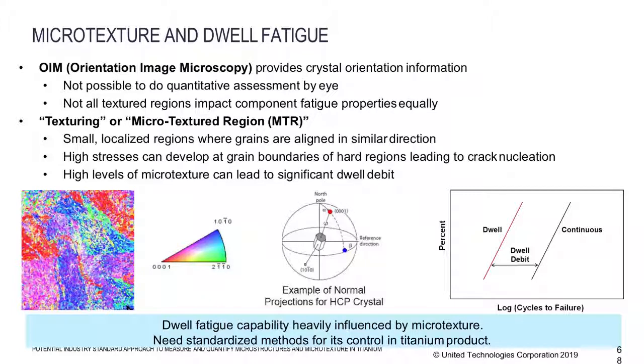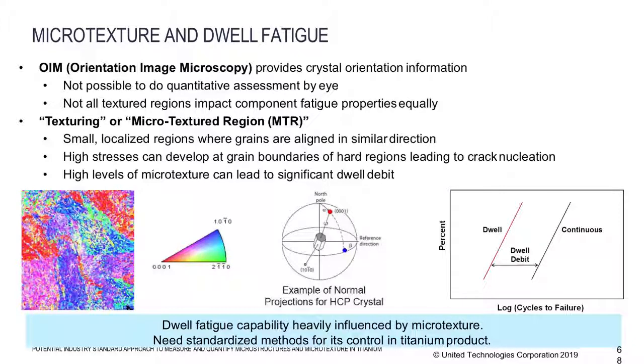It's really these combinations of hard and soft grains, due to the anisotropic properties of titanium, with elastic incompatibilities between the hard and soft. They generate a stress concentration at the interfaces of these hard grains, and it leads to a significant dwell shift compared to your continuous LCF life. It's a creep mechanism, and it's time dependent.